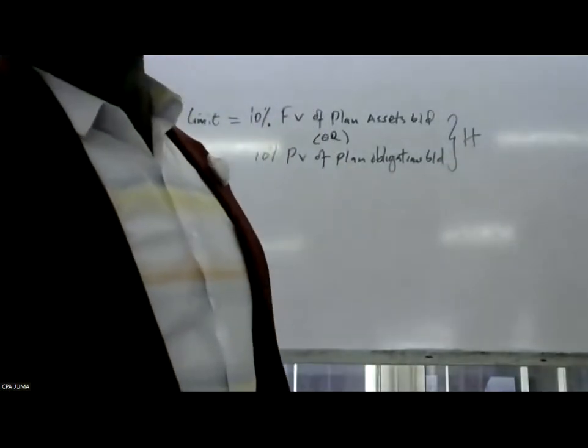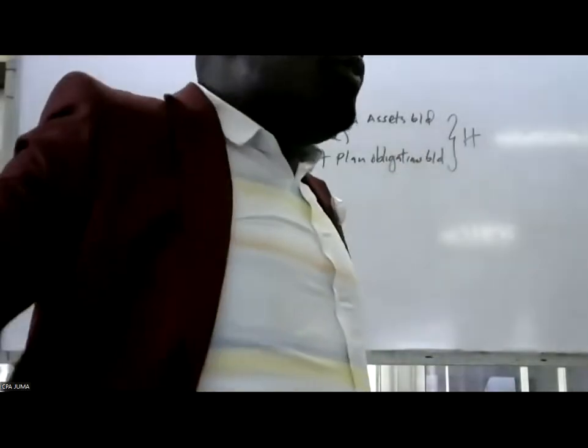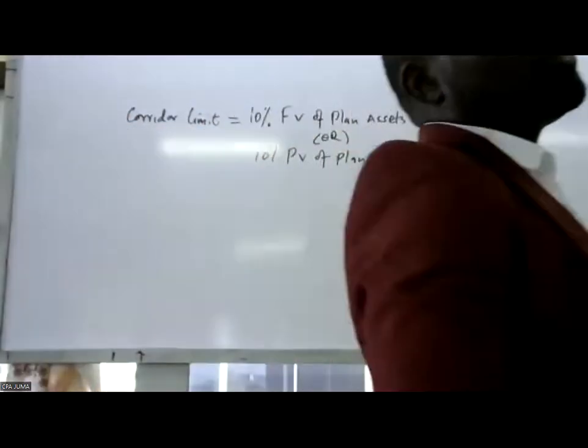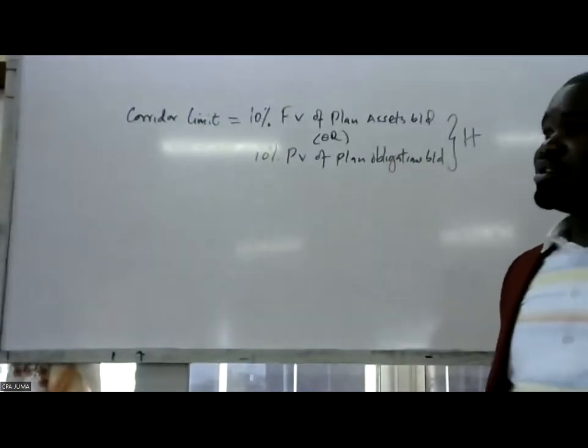So any gain within the space, what you take to P&L is the excess.